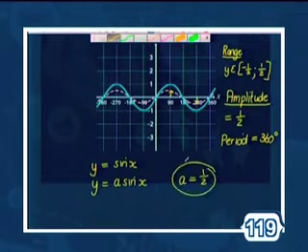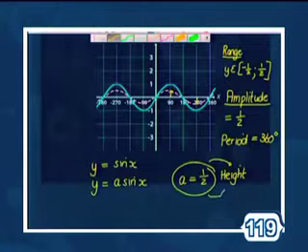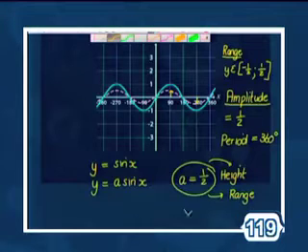So what effect is that half having? All right, it's actually only affecting the height or the amplitude, and it's definitely affecting the range. But it does not affect my period.